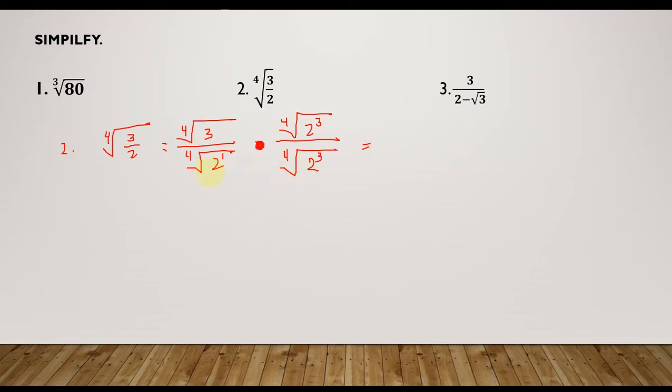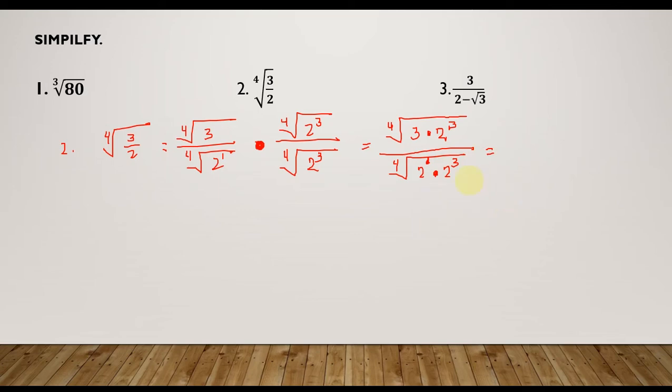Since they have the same index, you can combine these two. Fourth root of, copy this radical, 3 times the radicand 2 cube, all over the fourth root of 2 raised to 1 times 2 raised to 3.